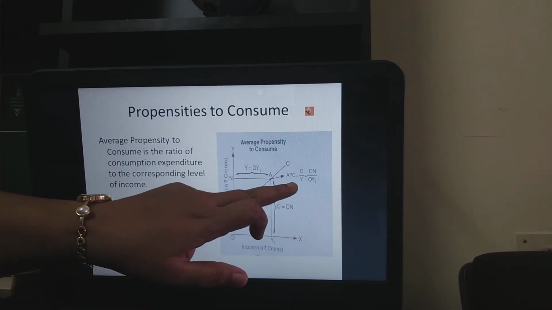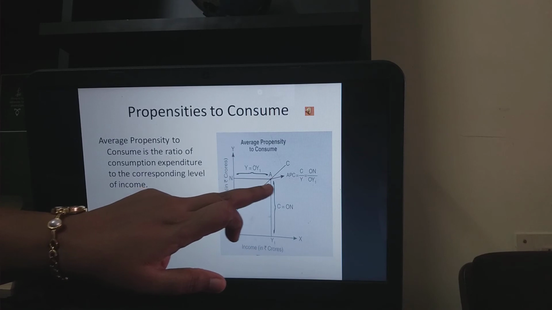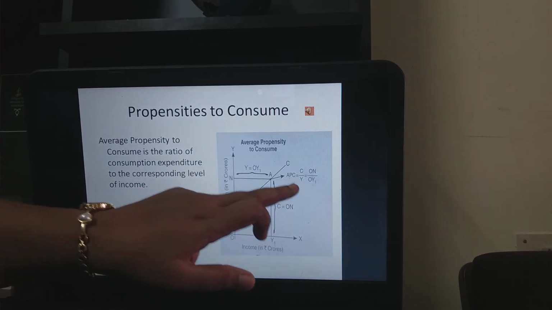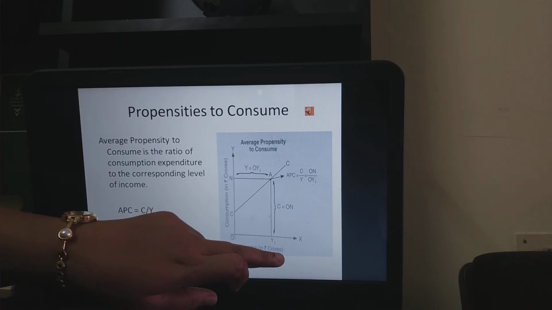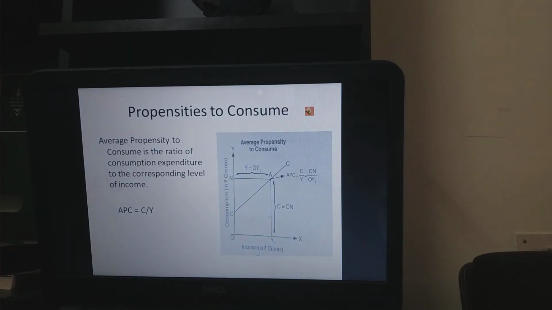So the average propensity to consume at point A will be equal to C by Y, or ON divided by OY1, right? So this is how APC can be shown through a diagram.